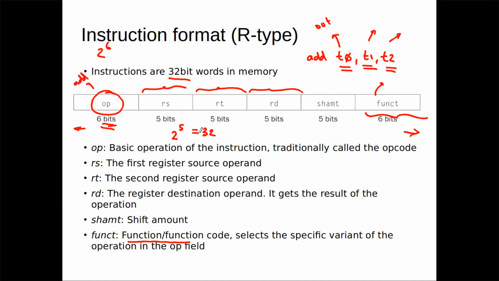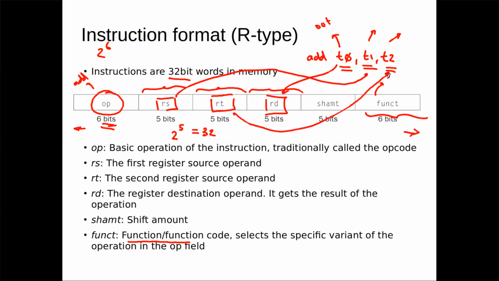And it nicely follows that this machine actually has 32 registers, and you can put any register. So RS is a register source, RT is the second register source, and RD is the register destination, right? So this one is RS, this one is RT, right?